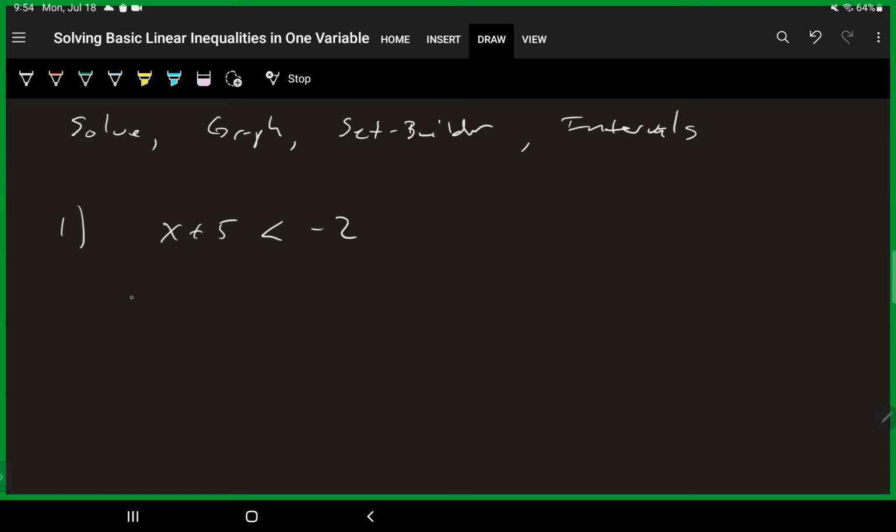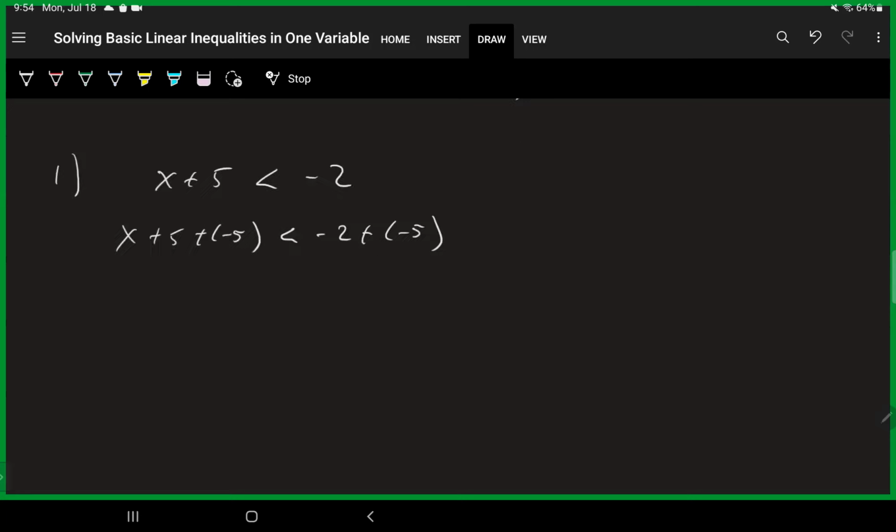So let's add the opposite. So x plus 5 plus -5 is less than -2 plus -5. I didn't have to change my inequality symbol here because I'm adding, or actually I'm subtracting, but subtraction is the addition of a negative. So that's basically the same thing. So x is less than -7.